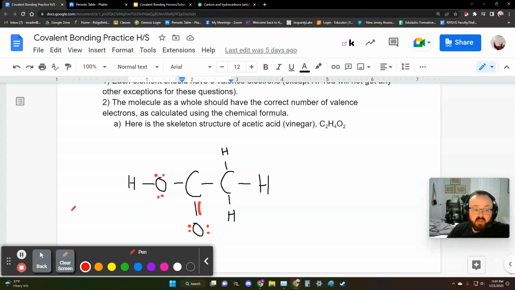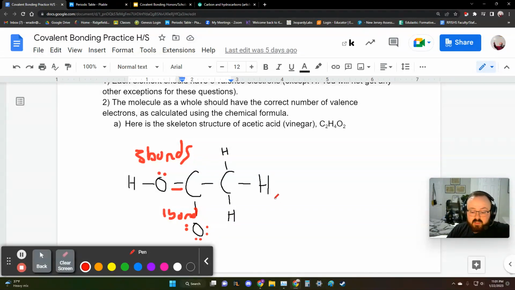Here's the example that a student had shown me that is technically not incorrect, but it's the same idea. But this oxygen has 3 bonds, and this oxygen has 1 bond, which is why this would be mostly incorrect.